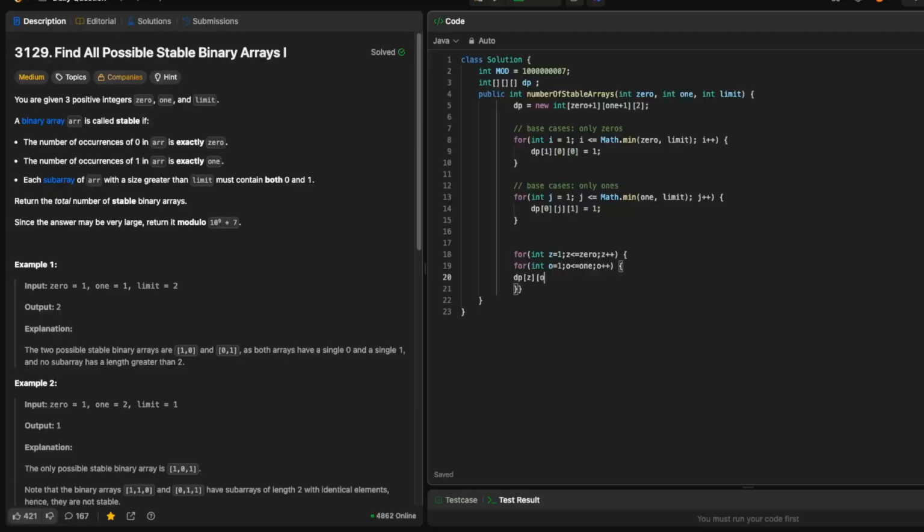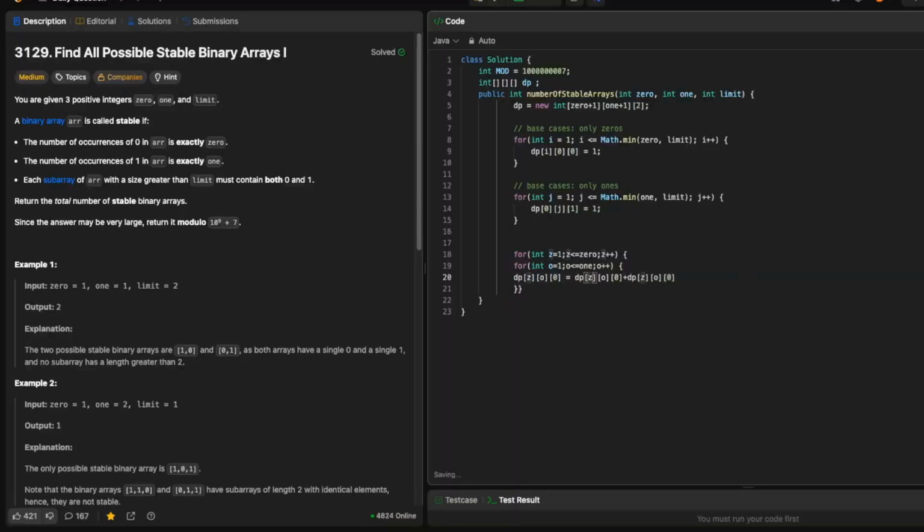So after that, what we have here is dp of z zeros and o ones, ending with 0. Let me copy this so that we don't have to retype it, plus.